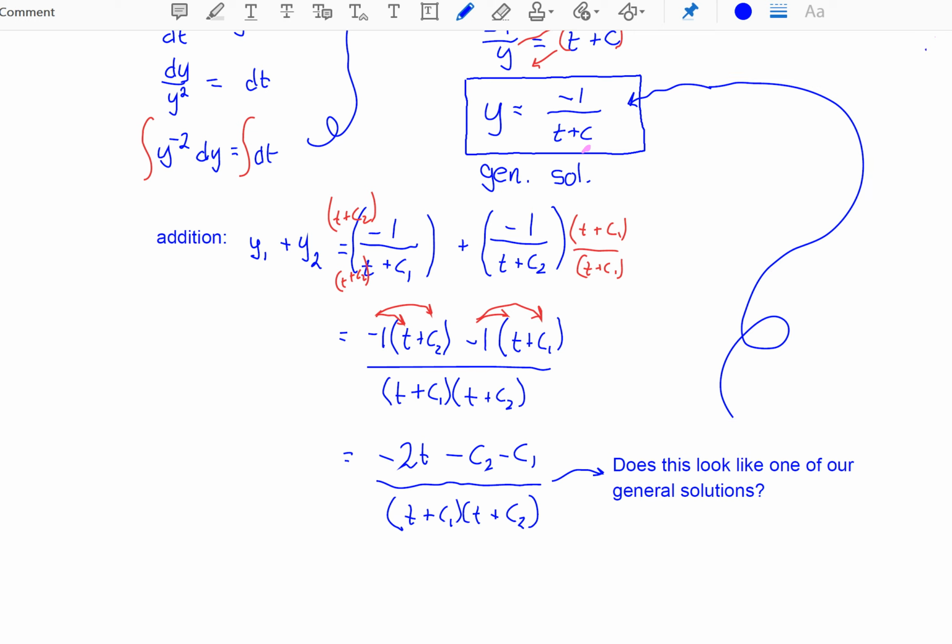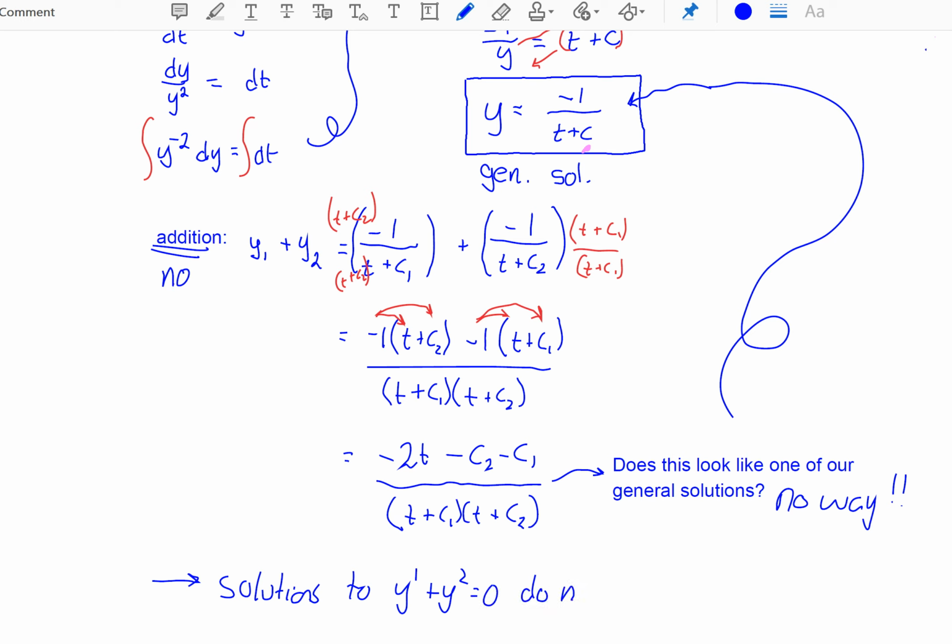And I think the answer is no, or no way, which means that we failed the closure of addition. Our solutions to y prime plus y squared equals 0 do not form a vector space.